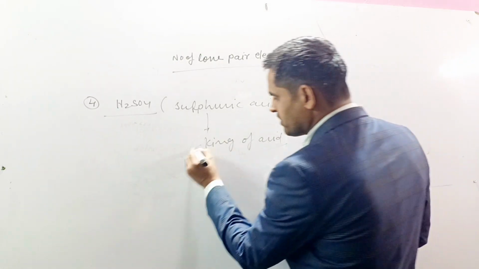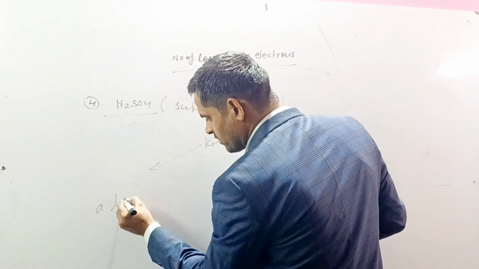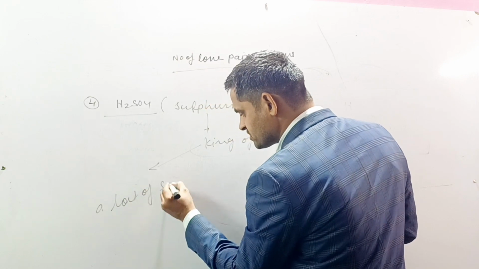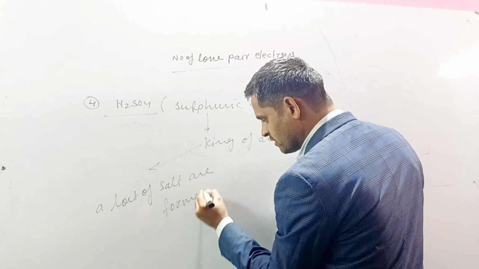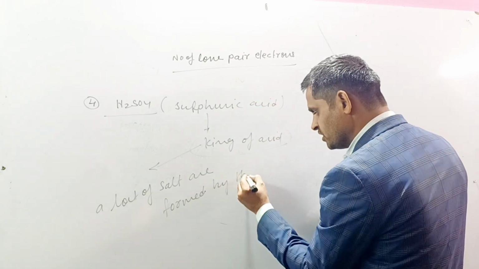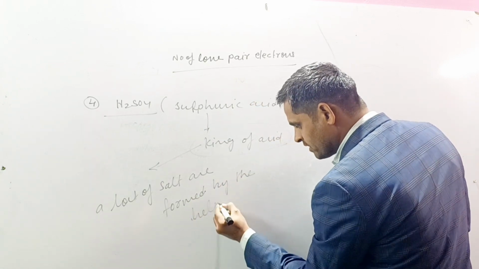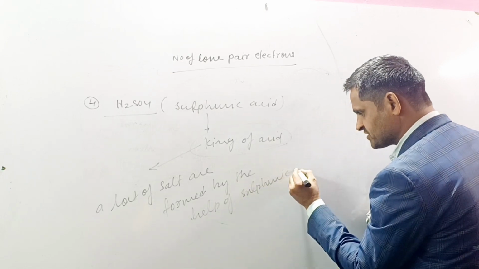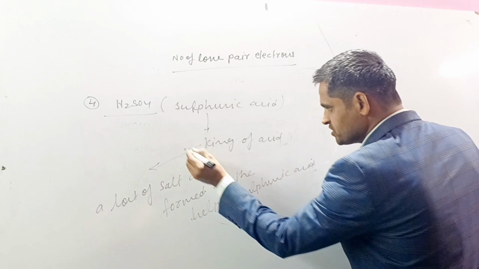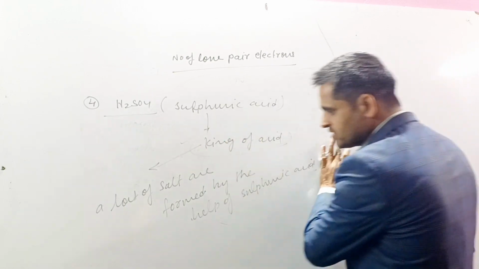Because a lot of salts are formed by the help of sulfuric acid. So this is known as the king of acid.